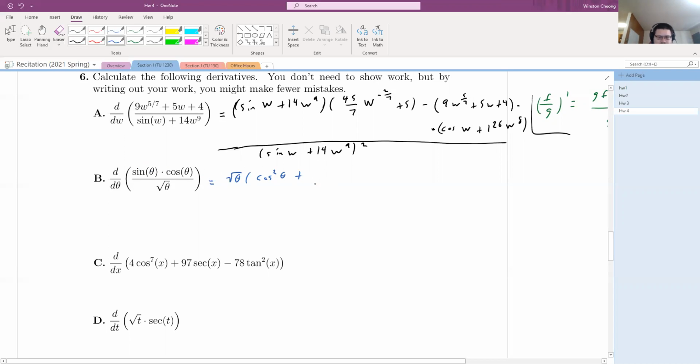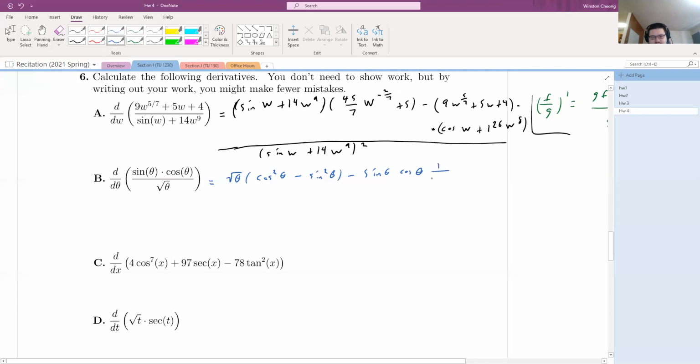So if we were to have thought ahead, this would actually be a minus sine squared theta, minus sine theta cosine theta times the derivative of square root theta.